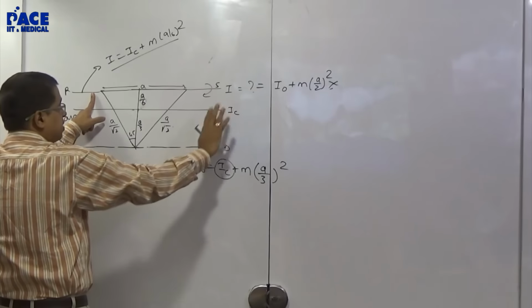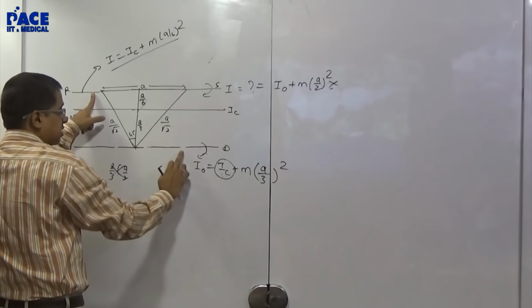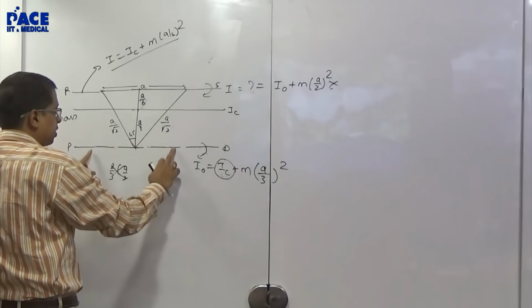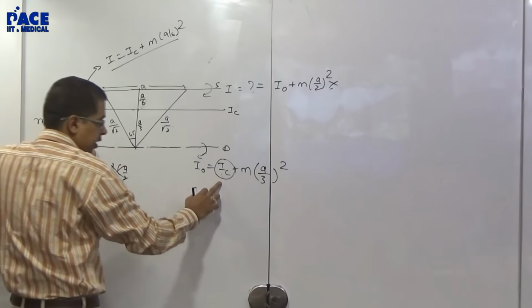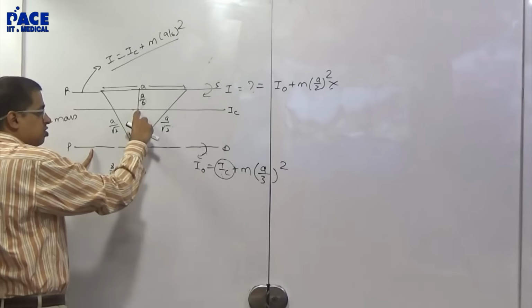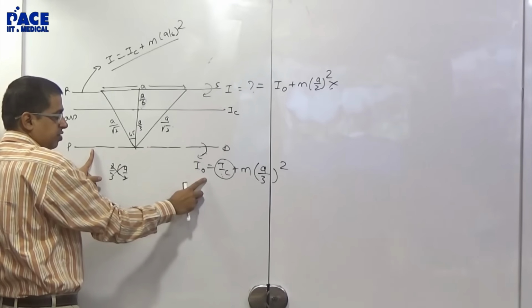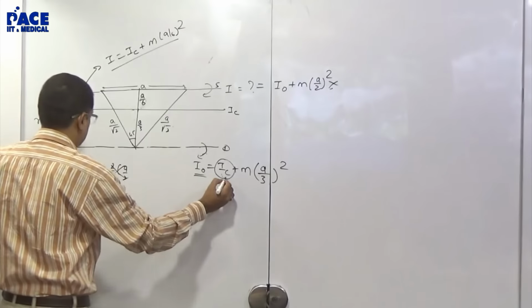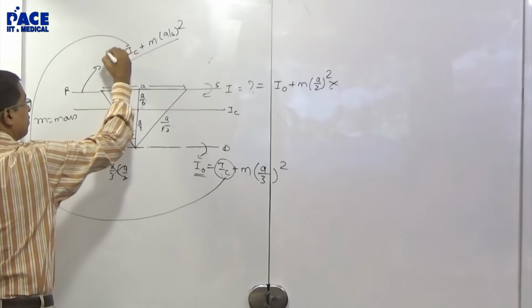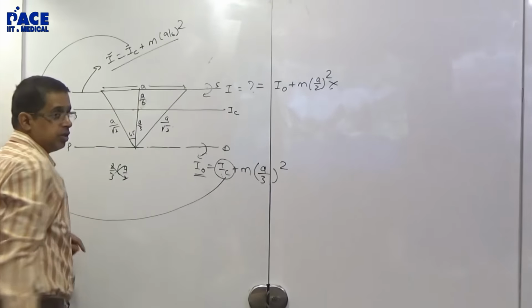I don't know IC. How do I get IC? From the information given here, you gave me the moment of inertia about this to be I naught. I naught is equal to IC plus M into this distance square, parallel axis theorem. I naught is given to you. This is what you know. This IC, if I substitute here, I will get the answer for the moment of inertia about this.